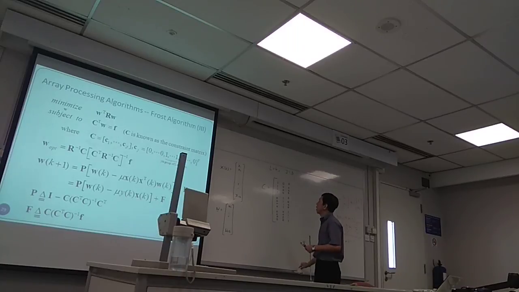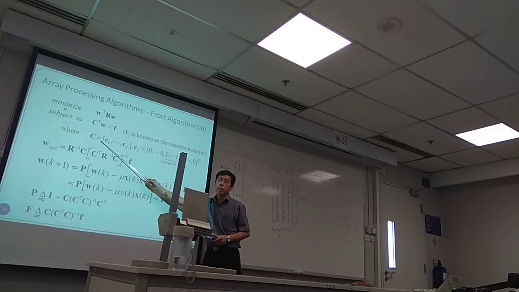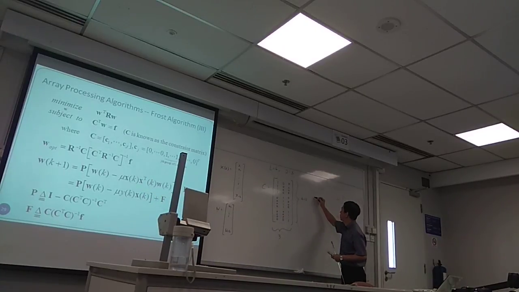For the case of L equal to 4, which means 4 antennas, and 3 taps, what is the dimension? This is 3, and this is 4 times 3. So this is the matrix C. And what is the vector F? Vector F can be set in this form.